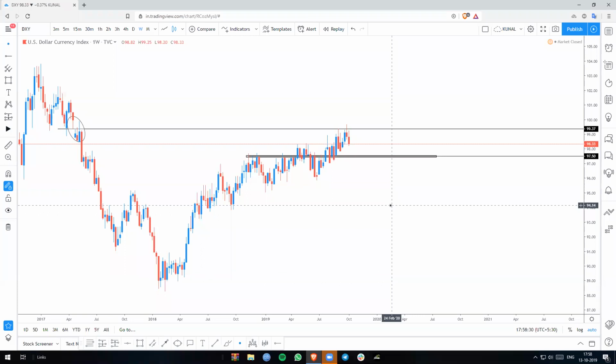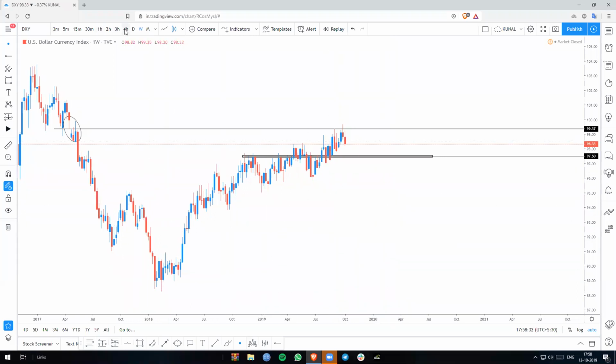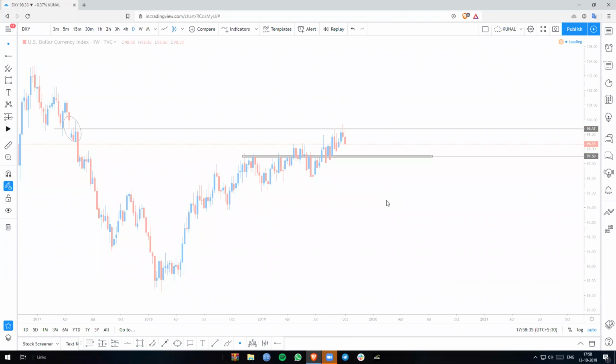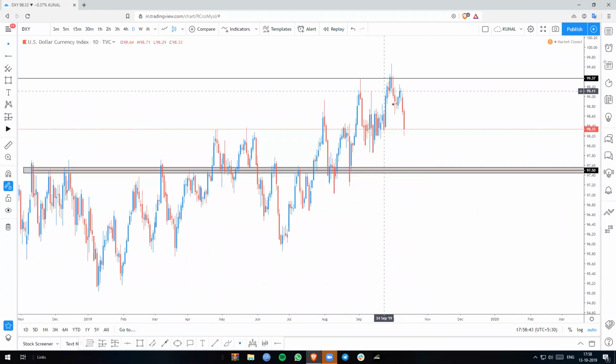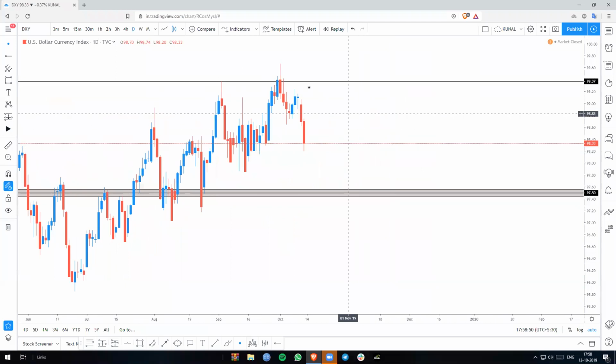I want to make sure that everything's clean. Hello everyone. So I'll just go on the daily time frame. So here I am. Let this thing load. All right, so the daily time frame. Taking a look at this time frame, it seems that we rejected that level and then came back from a lower high over here.